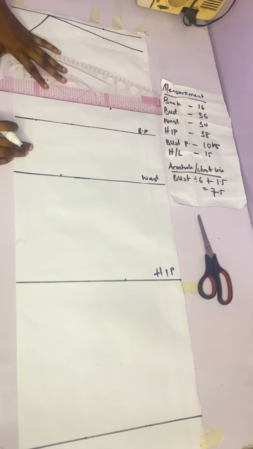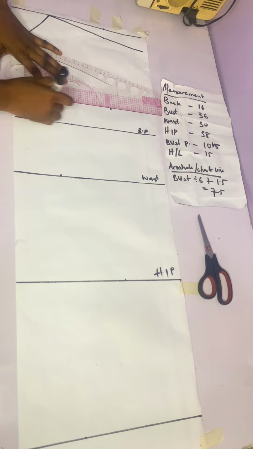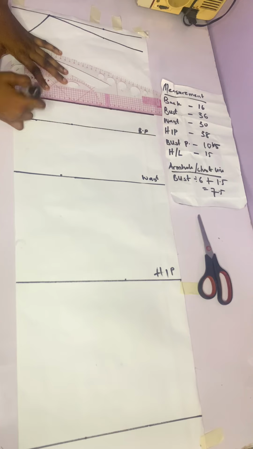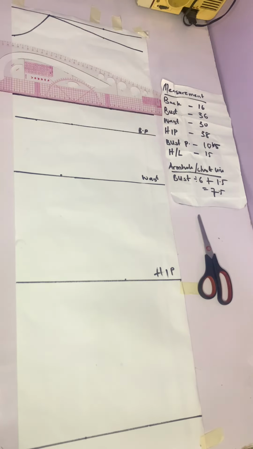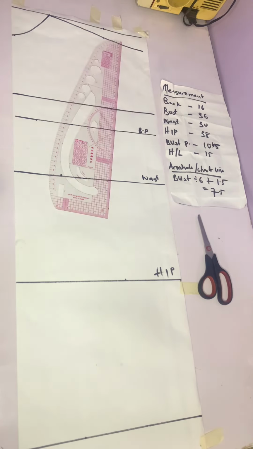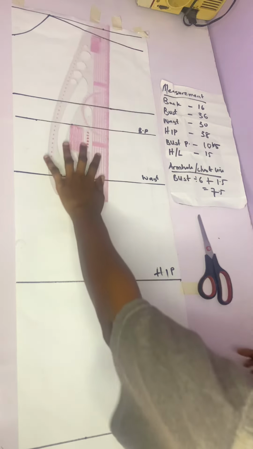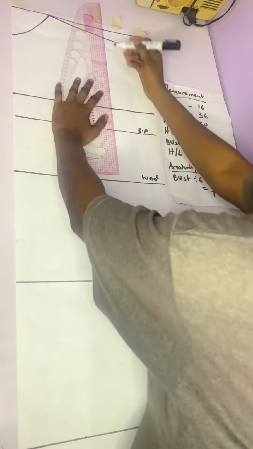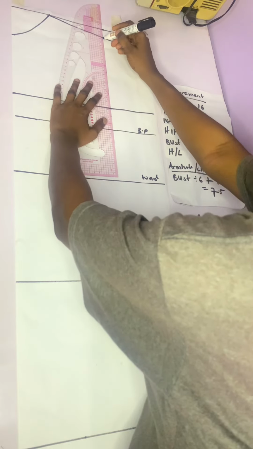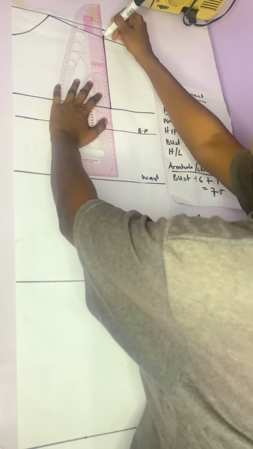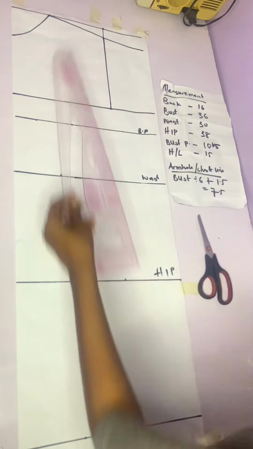That's my 7.5. The 7.5 is the armhole measurement. Mark it down to the chest line. Connect the shoulder slant to the chest line. That's the armhole measurement, just like this.